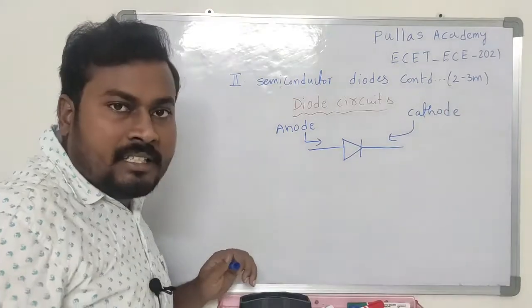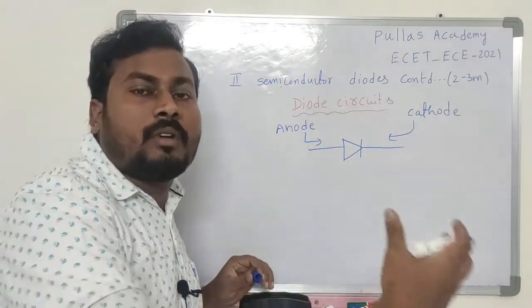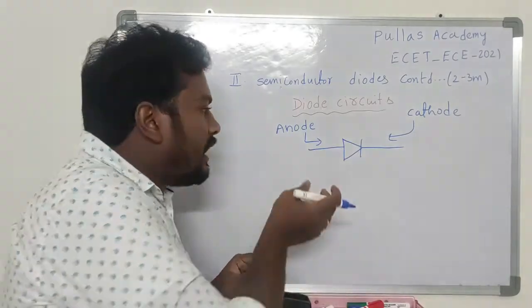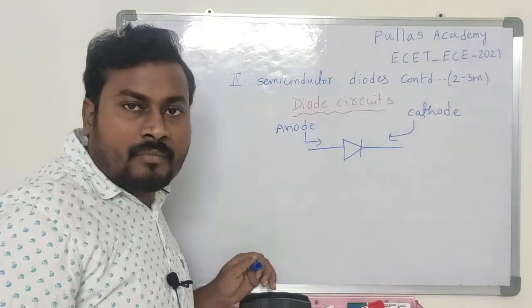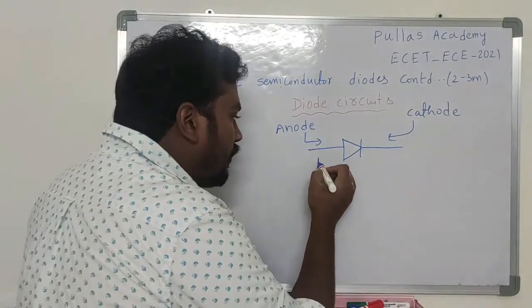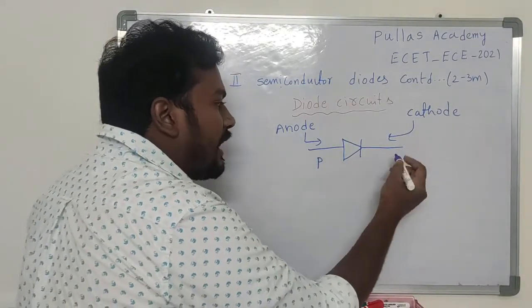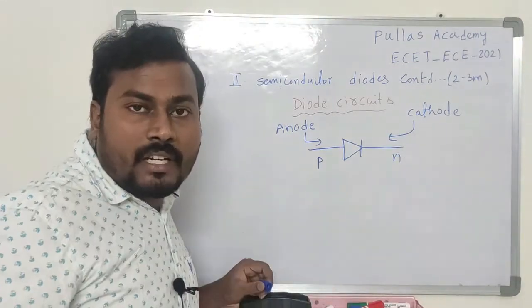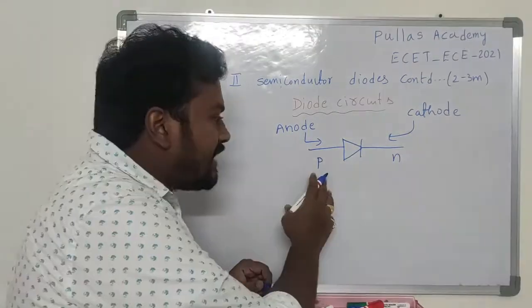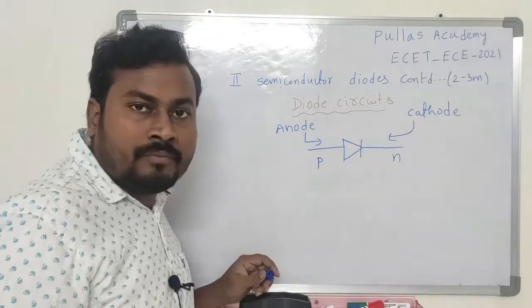This side we will call the P side of the diode, and this side the N side of the diode. It has two sides, P side and N side.